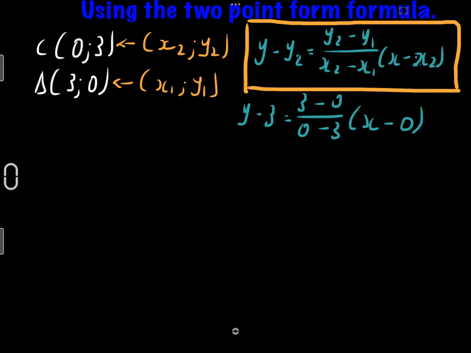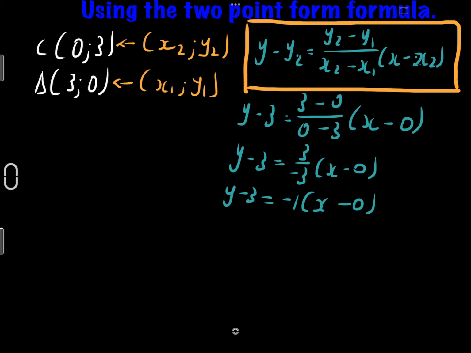Now moving forward, we have y minus 3 is equal to 3 minus 0, which just gives us 3, over 0 minus 3, which gives us negative 3, multiplied by (x minus 0). We can maintain that just for order within the bracket. So y minus 3 is equal to negative 1 multiplied by (x minus 0).